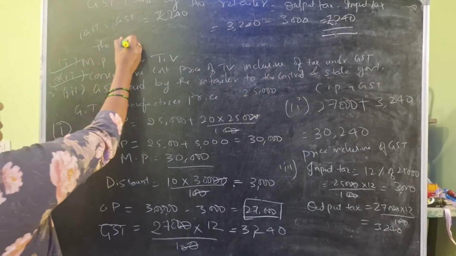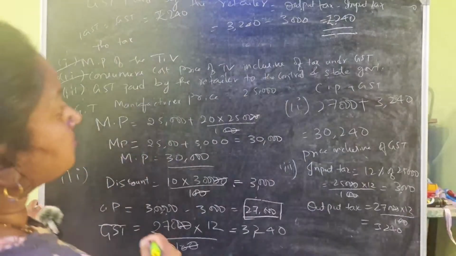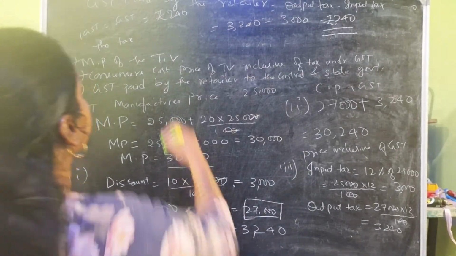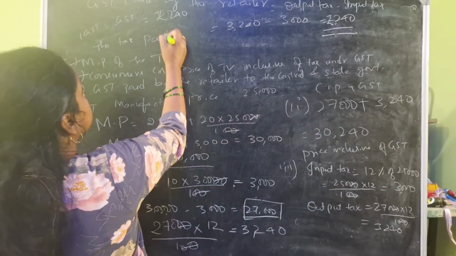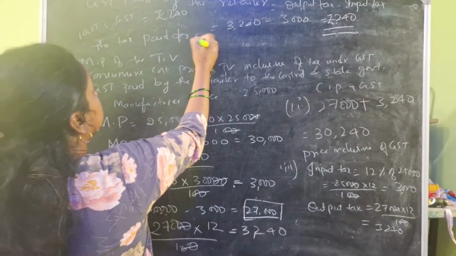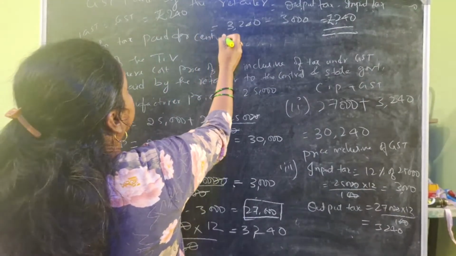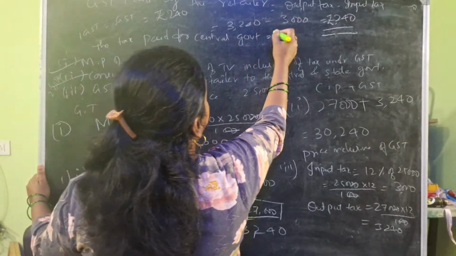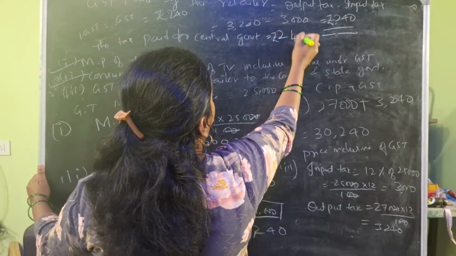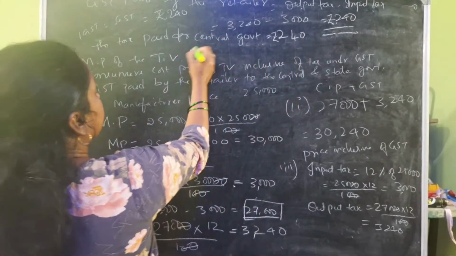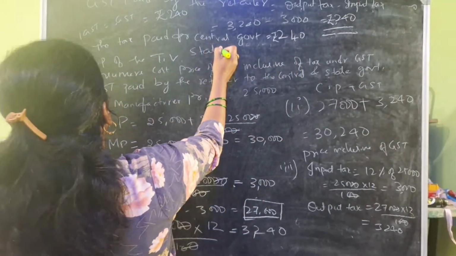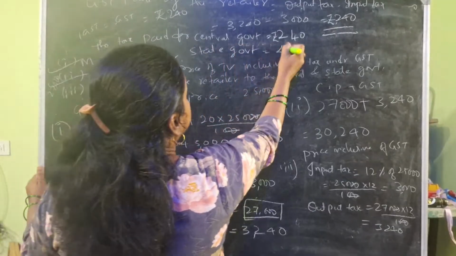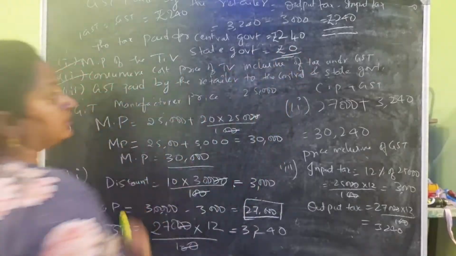The tax paid to the central government is rupees 240, and the tax paid to the state government is rupees 0, that is nil.